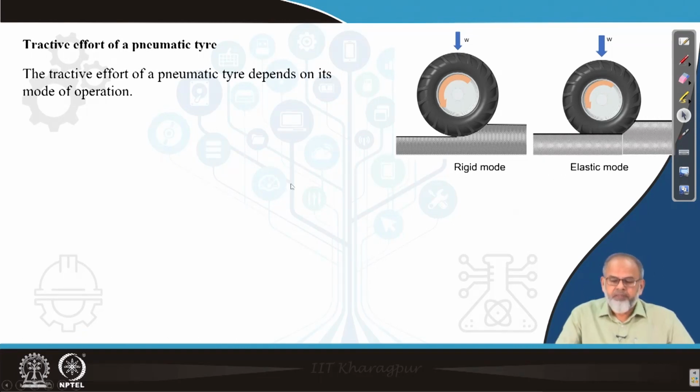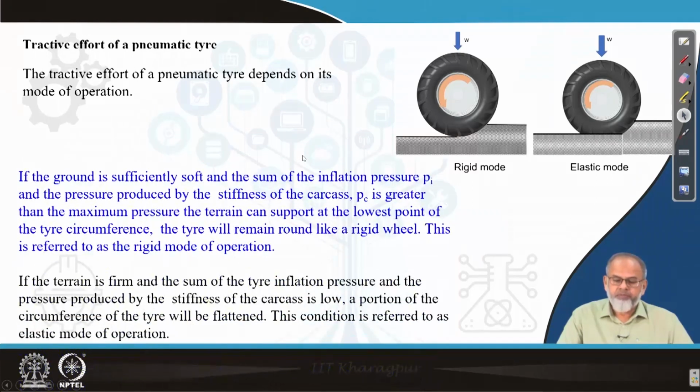The difference is when the pressure due to carcass stiffness plus the air inflation pressure, when the summation is greater than the pressure which the terrain can support at the lowest point of the tire circumference, then the tire will remain round like a rigid wheel. That means this will behave like a solid powered wheel.